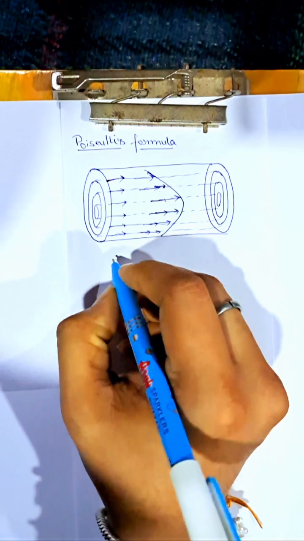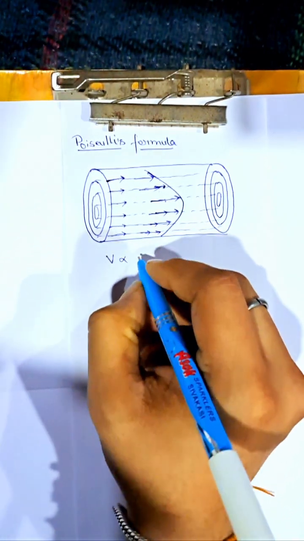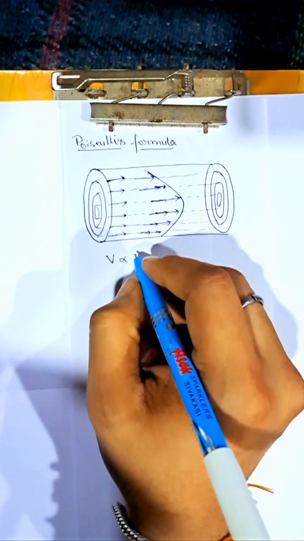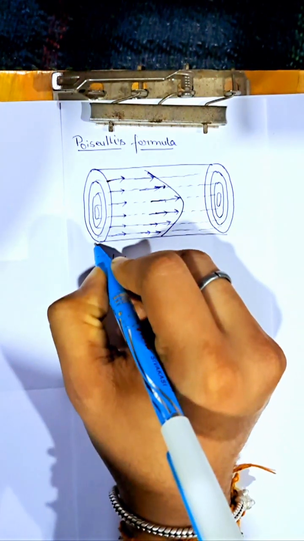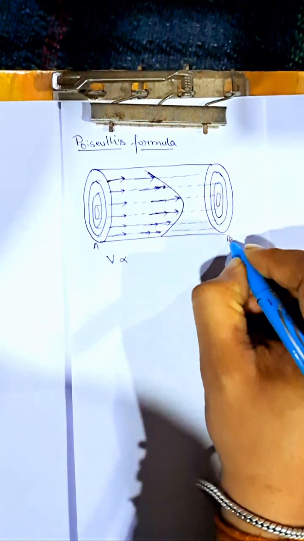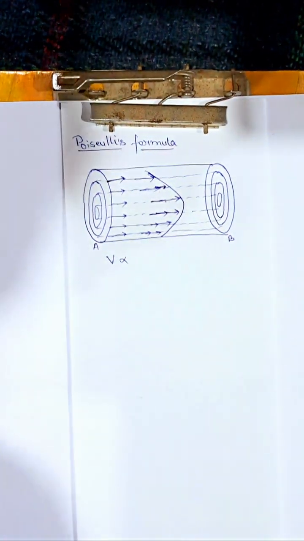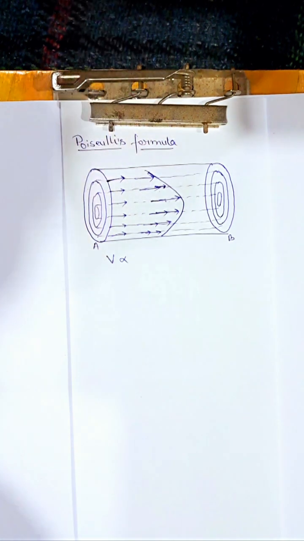So according to this, velocity depends on the pressure difference. You can see the pressure is different at point A and at point B.